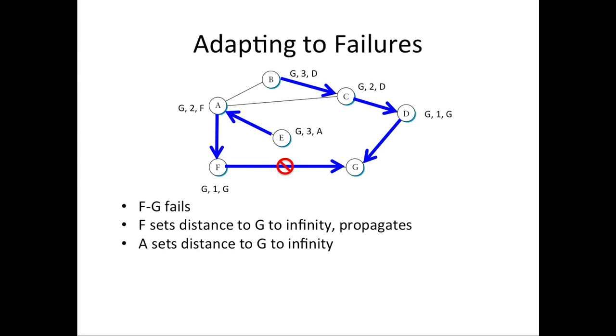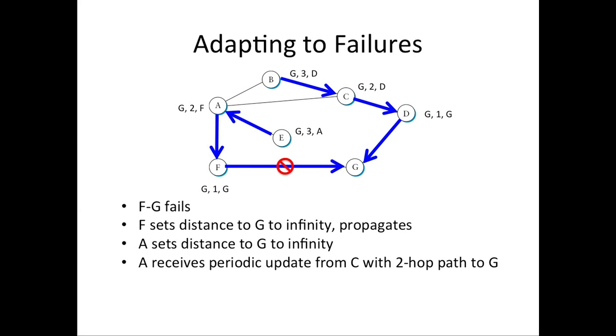Just two things: the destination and the cost. The destination is G, and the cost is 2. So A, whose route is in trouble, received this message saying there is a node in the network that claims to have a path to G with cost 2.